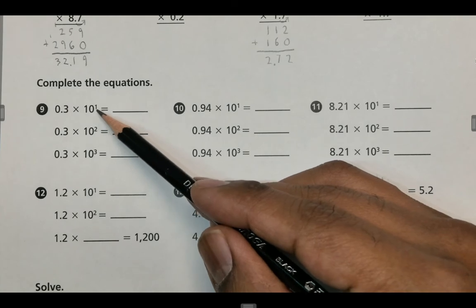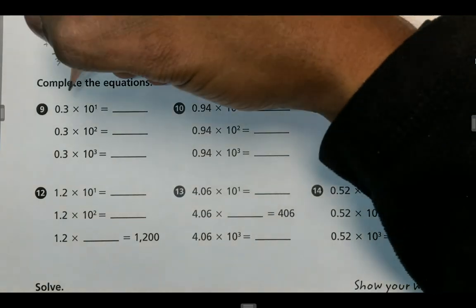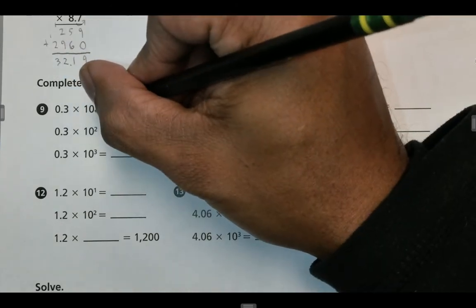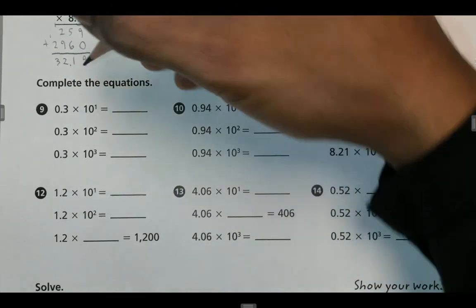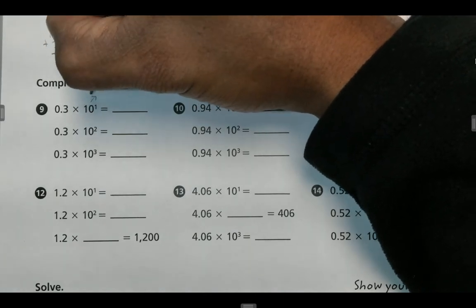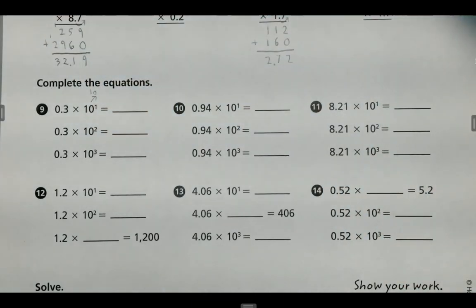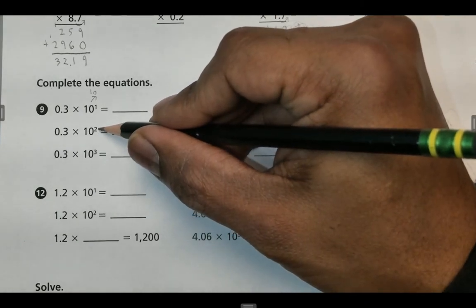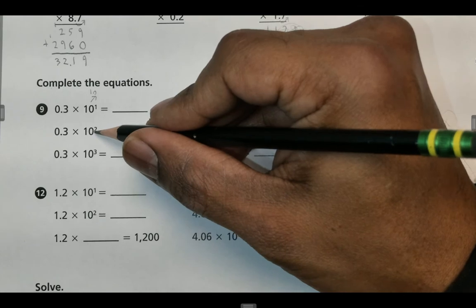Remember, 10 to the first power is a multiplication statement that has the number 10 appearing one time. So it just looks like plain old 10. 10 to the second power is not 10 times 2. It's a multiplication statement where the number 10 appears twice.